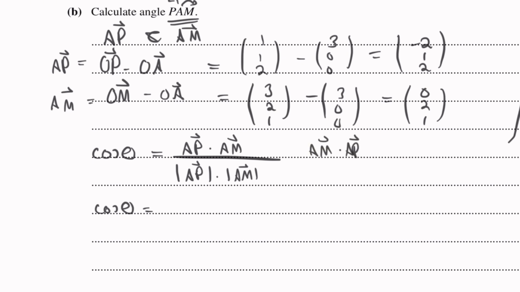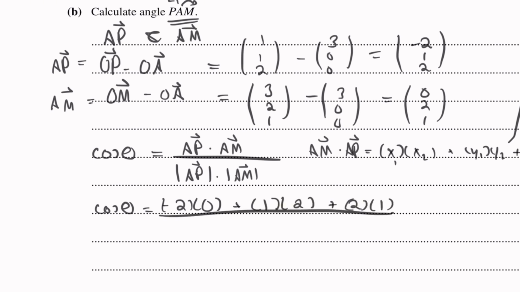It's supposed to be x times x plus y times y plus z times z. Now let's go ahead and do that. So it's going to be minus 2 times 0 plus 1 times 2 plus 2 times 1.